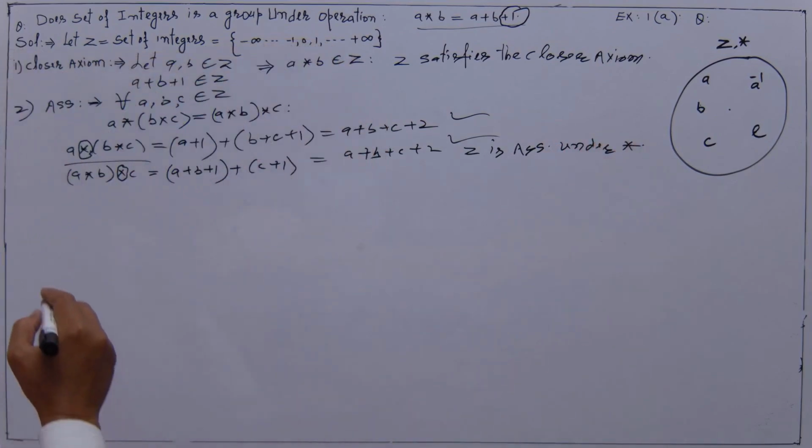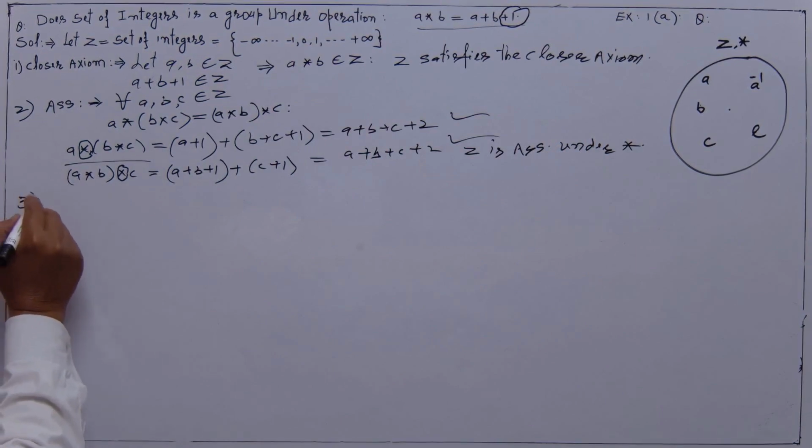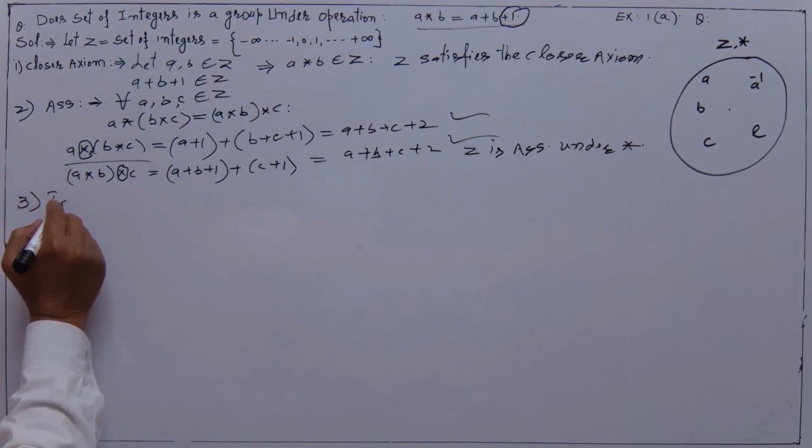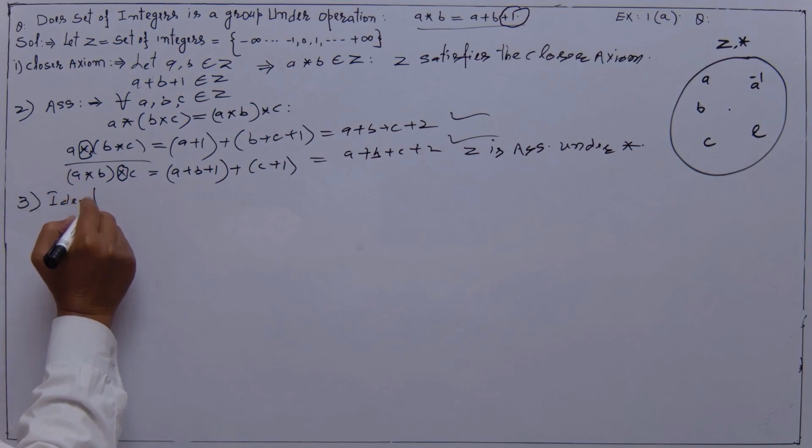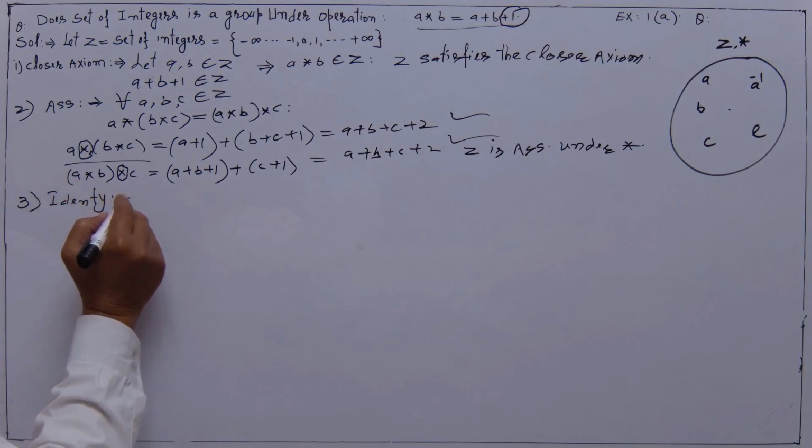Okay. Number three is the identity element, the existence of identity element.